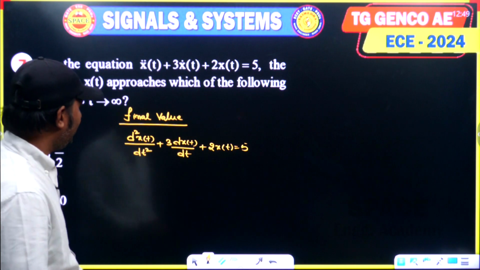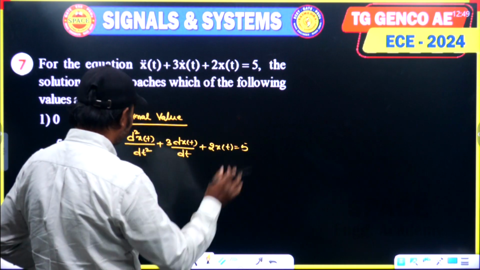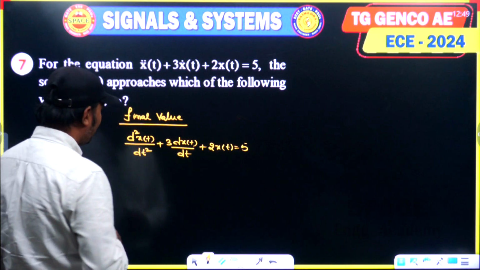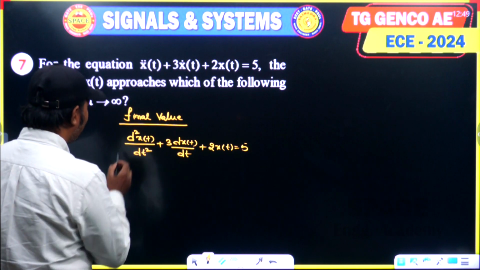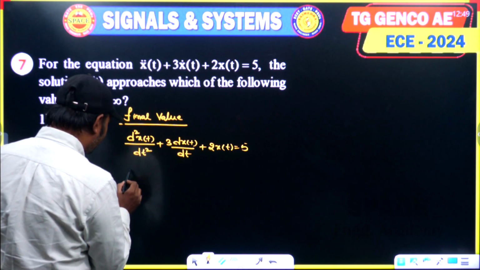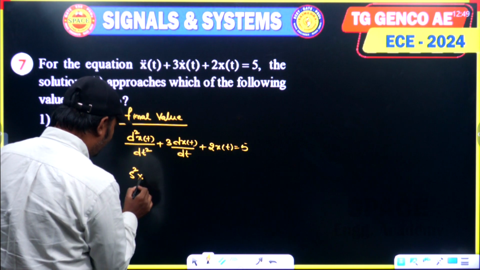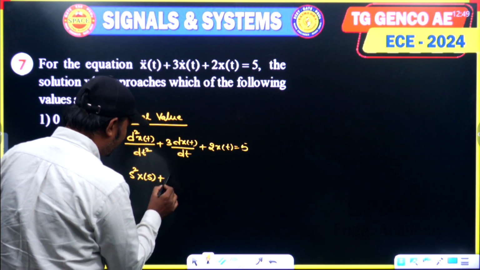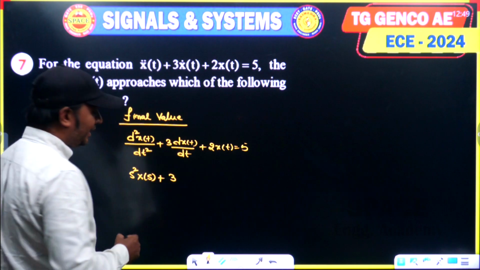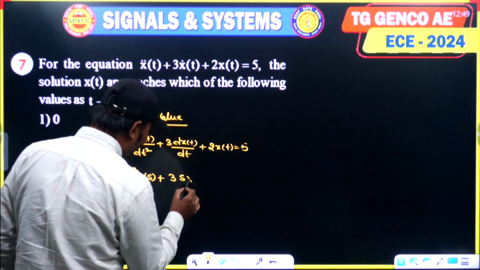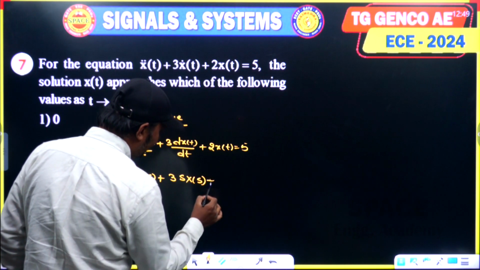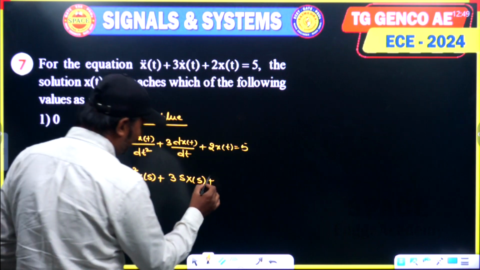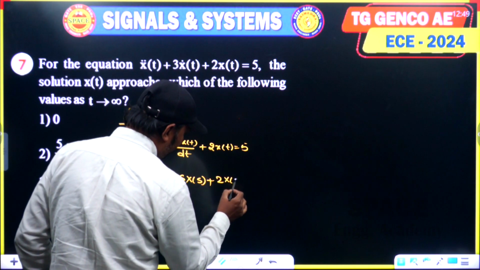How to find out? Look here, applying Laplace transform, what is the Laplace transform for d square x of t by dt square? S square into X of s, plus 3 times the Laplace transform of dx of t by dt, which is S into X of s, plus 2 times X of s.